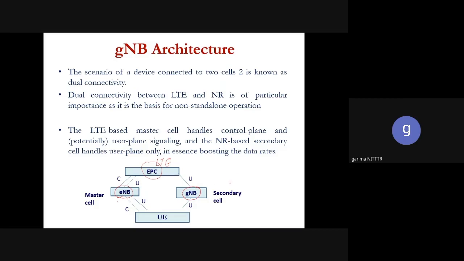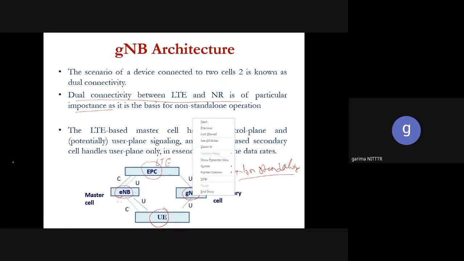Now in this non-standalone case, we have dual connectivity between LTE and NR, and it is of particular importance because, due to this non-standalone case, your EPC is connected to gNodeB, your EPC is connected to eNodeB, and your user equipment is connected to both the cells. That is why these multiple cell connections are available in the 5G architecture.